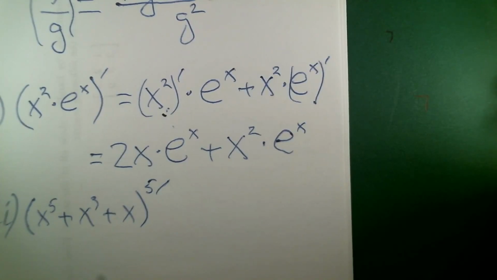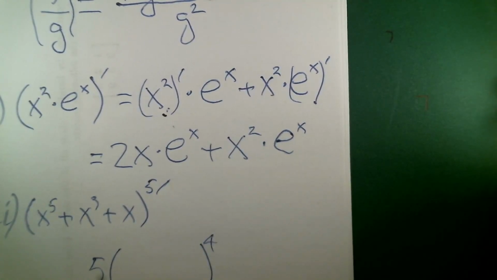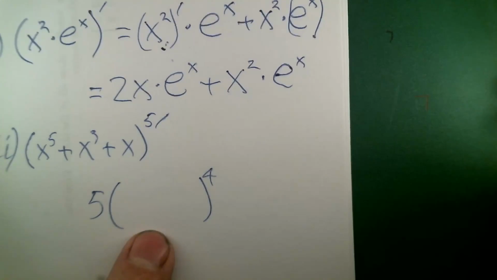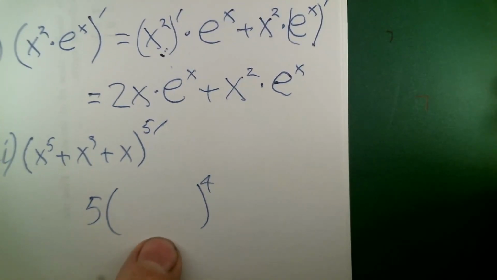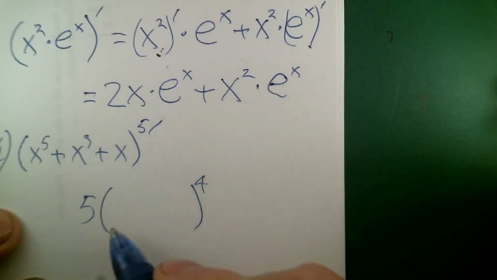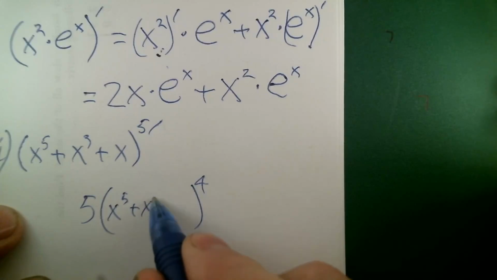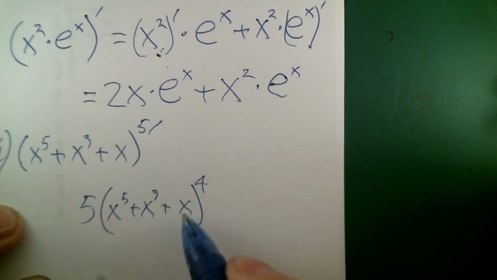Well, I guess in compositions, I often think of it as the outer function, the outside, and then the inside. The outside here is raised to the fifth power, and the derivative of fifth powering is 5 times fourth powering. Right? I left the blank there because what's supposed to go in this? The exact same thing that was in the outside function before, namely the inner function, which is that polynomial, x to the fifth plus x cubed plus x.